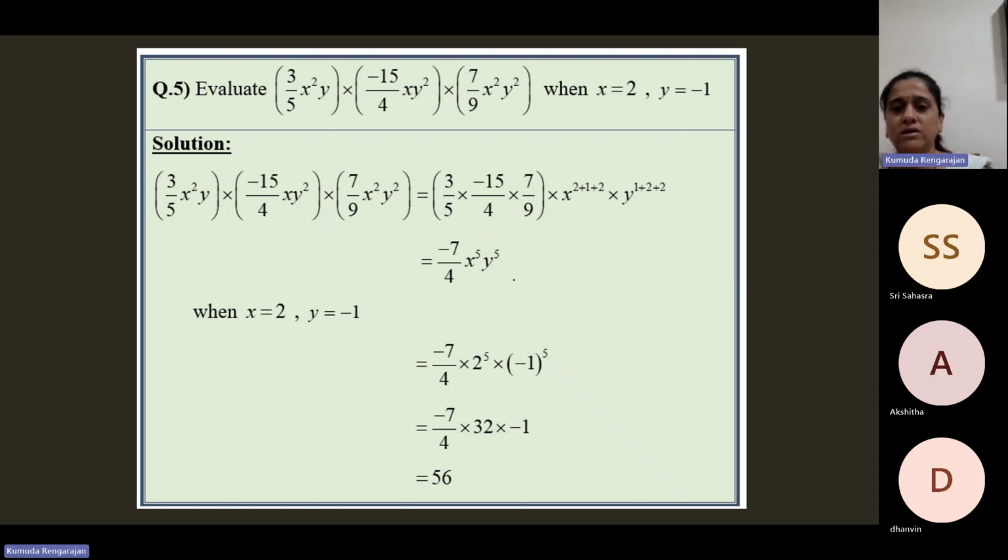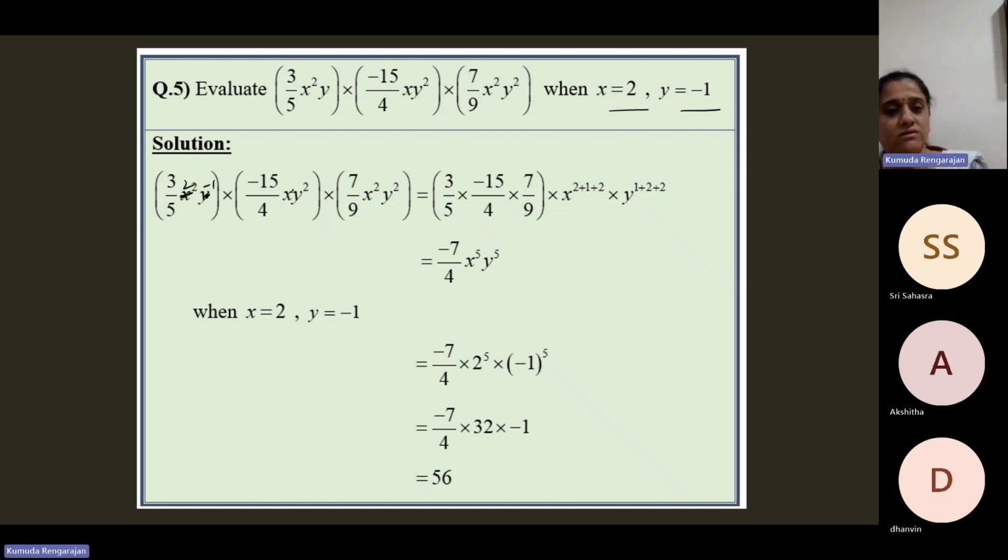After finding the product, you should not take x is 2 in the question itself here. You should always find the product and then take the values of the variables given. Without multiplying, you should not substitute 2 here and minus 1 here.